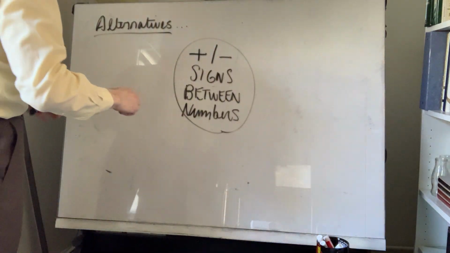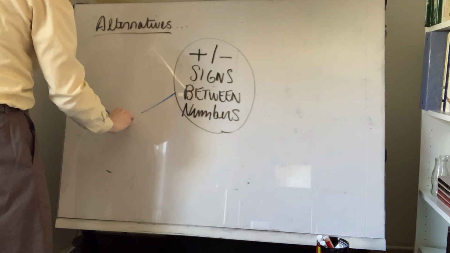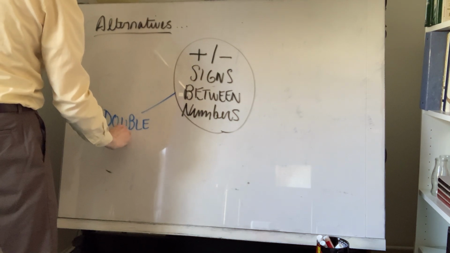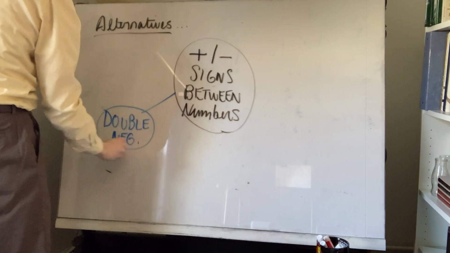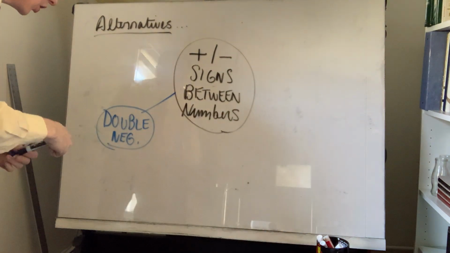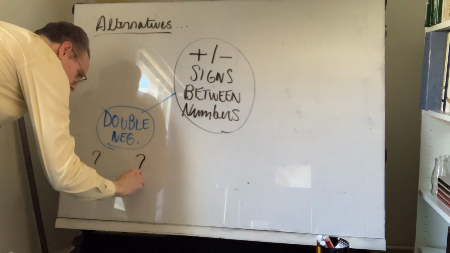All right. There's this situation where you have, let's just call it a double negative. Here's what I mean literally. You have a nondescript number here and a number here.